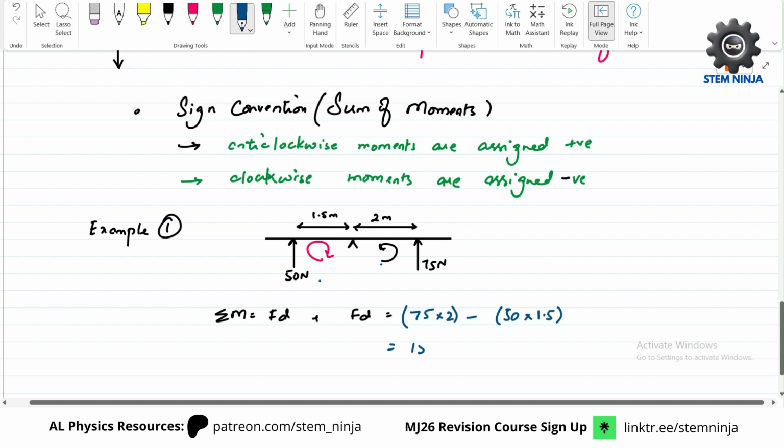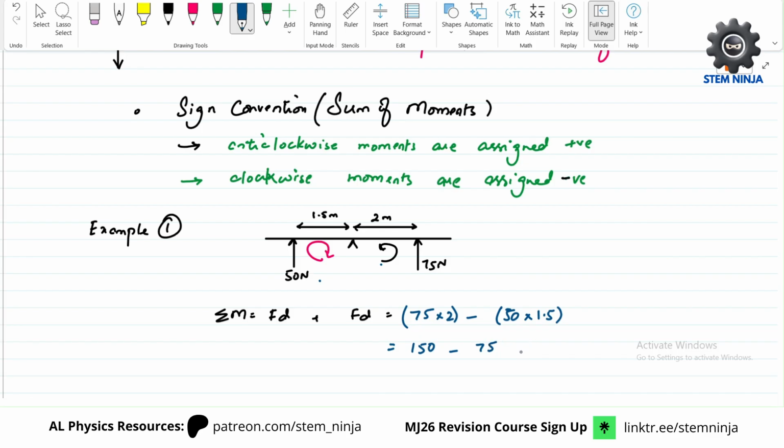So 75 times 2 is 150, and 50 times 1.5 is 75. So this comes out to be 75. The units would be Newton meter.